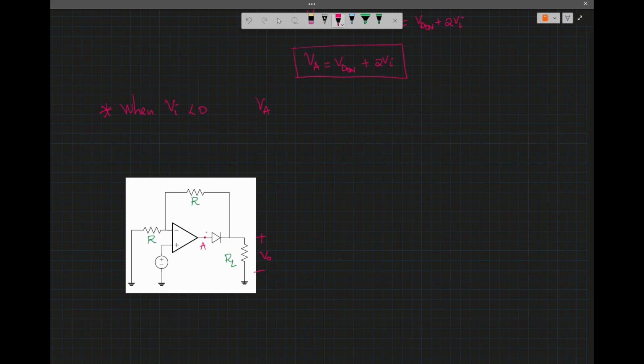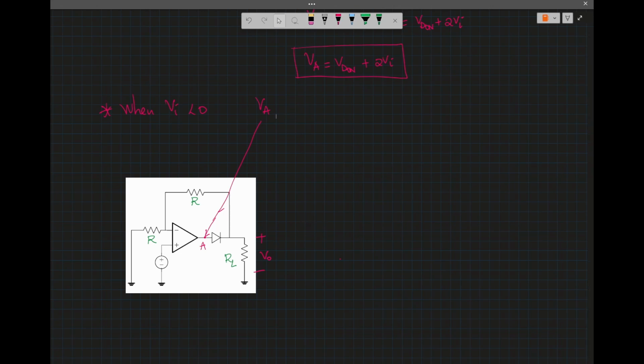So the voltage here, this voltage VA, will be negative, right?